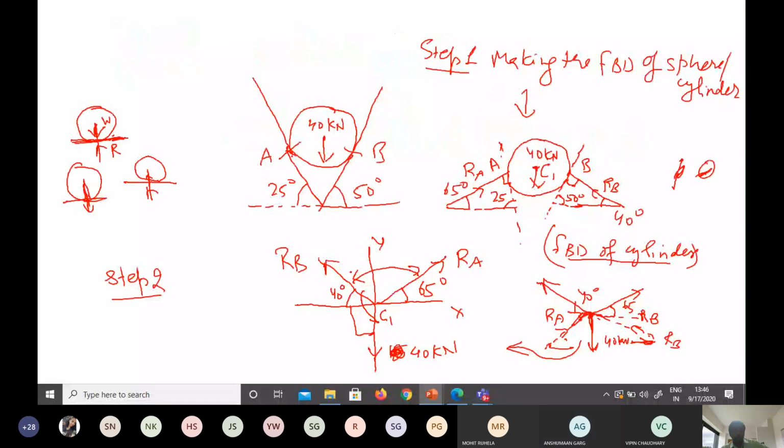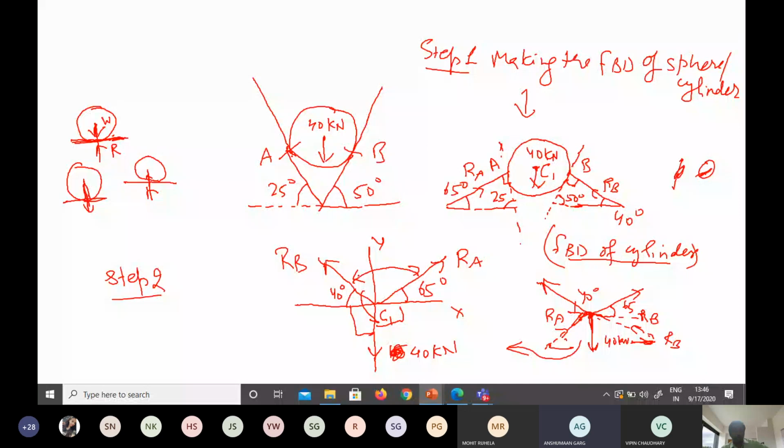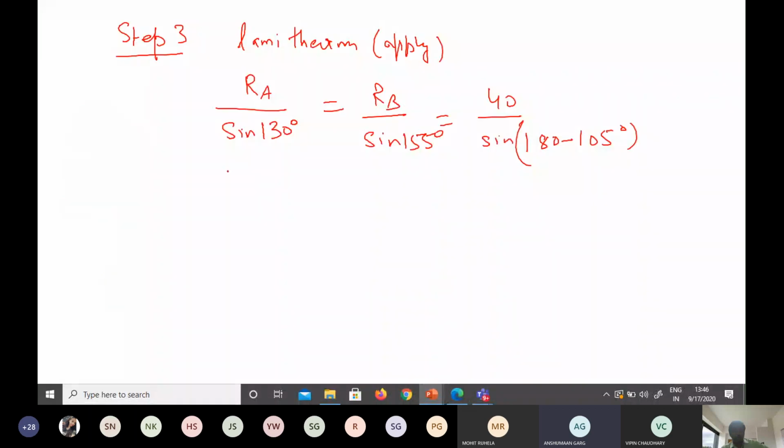Similarly, RB upon sine of the other two angles: 90 plus 65 is 155. Similarly, 40 upon sine of the other two angles: 180 total, so 180 minus 65 plus 40, that is 105.